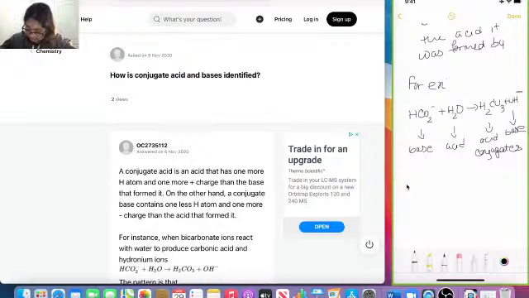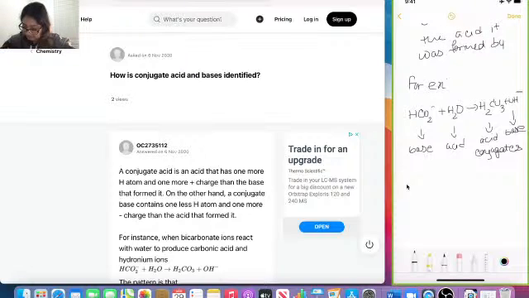So your carbonic acid is your conjugate acid, and your hydroxide ions are your conjugate base. You can see that your bicarbonate becomes your carbonic acid by having one more H atom.